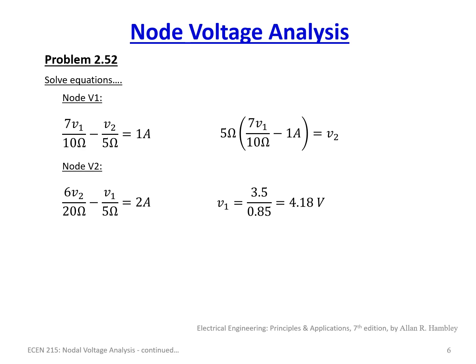So V1 ends up being 3.5 over 0.85, which is 4.18 volts. And then using this equation here, we're able to solve for V2, which ends up being 9.411 volts.